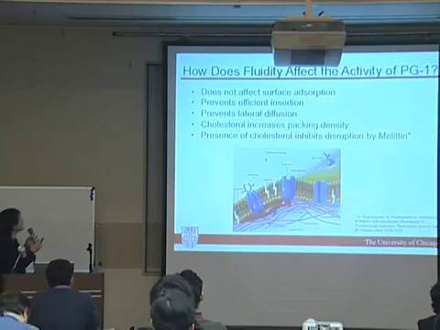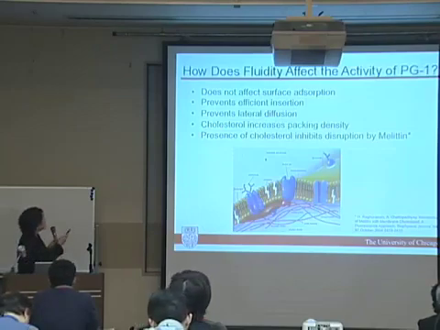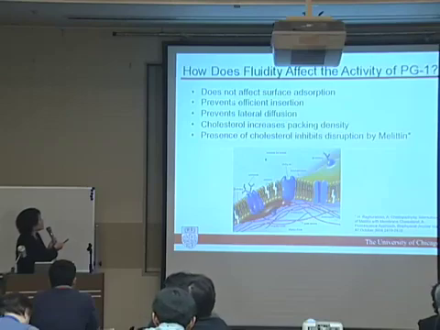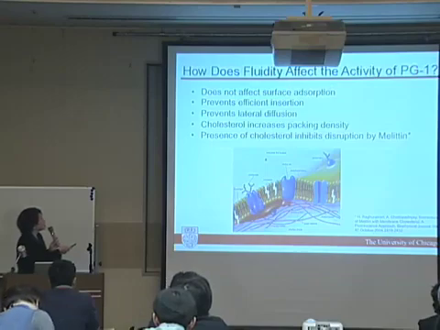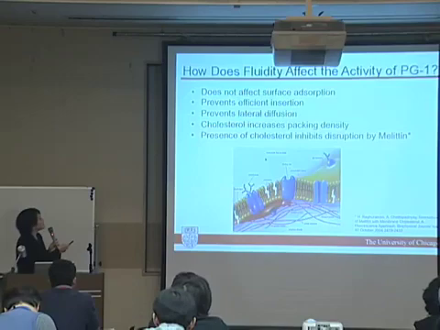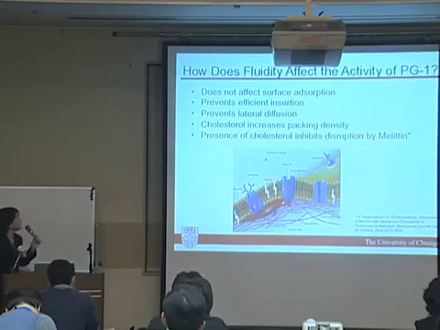So how does fluidity actually affect the activity of PG1? We know that the fluidity by itself does not affect the surface absorption, because that's the job of the charge of the lipid and the charge of the peptide. However, the lack of fluidity prevents the efficient insertion of the antimicrobial peptide into the lipid system.